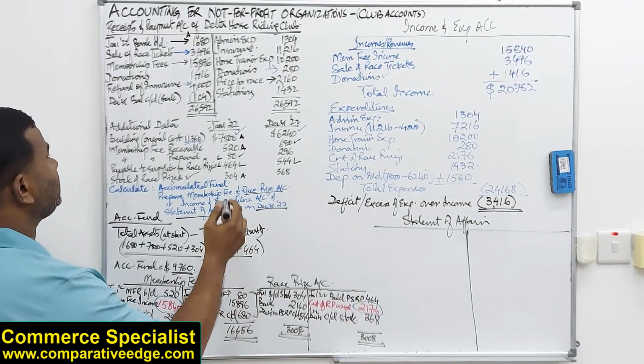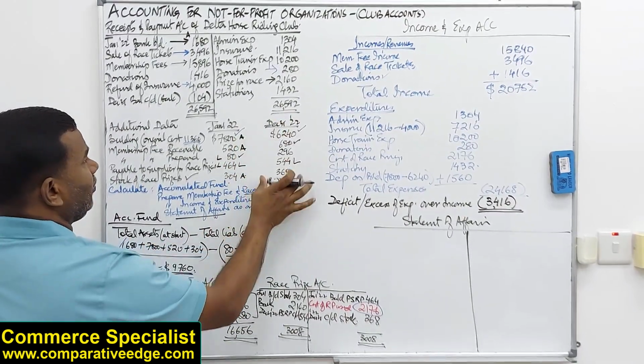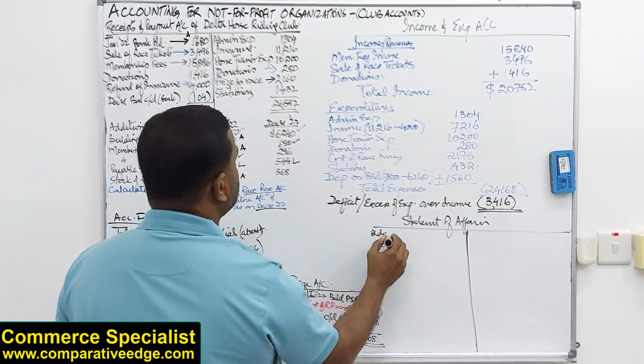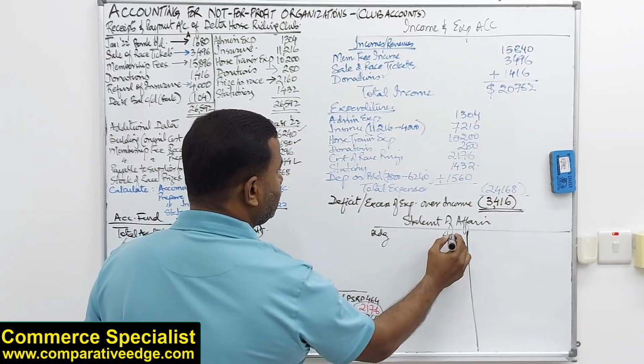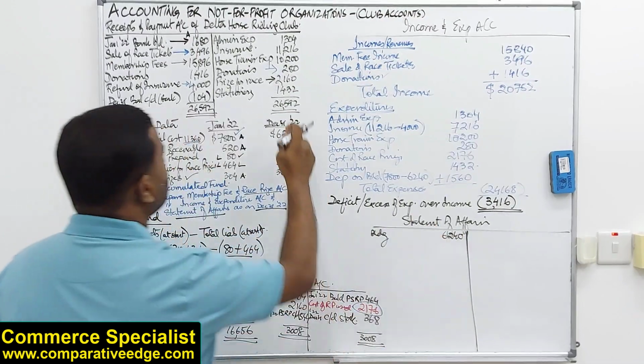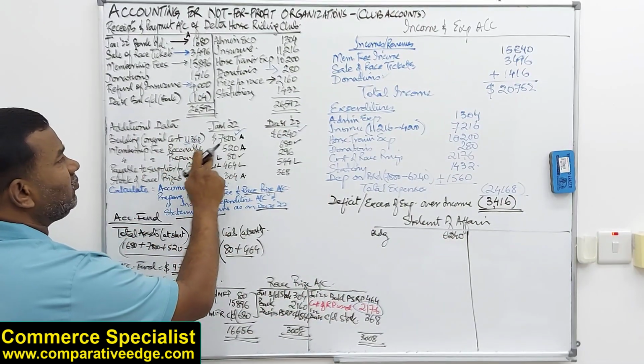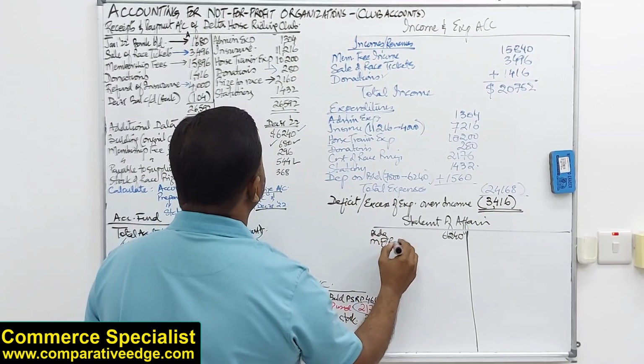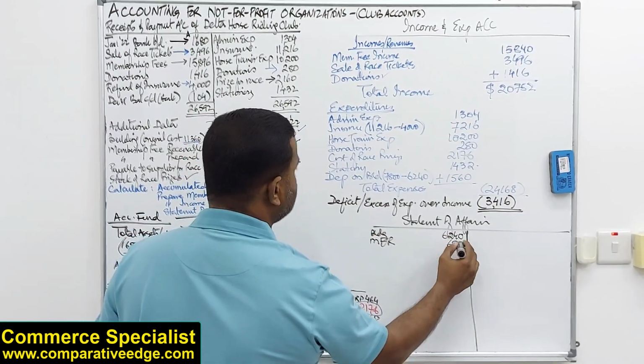My closing assets: I have building, closing value 6,240. Coming down, I have membership fee receivable, closing balance 680. This is also an asset. I'm writing here membership fee receivable, which is 680.